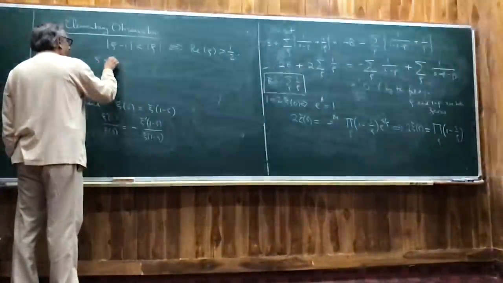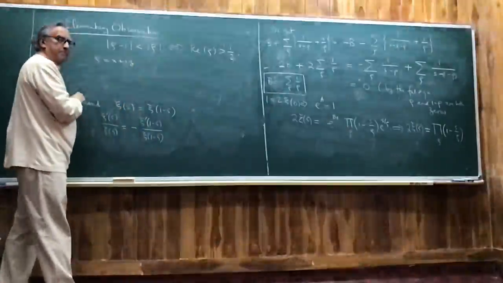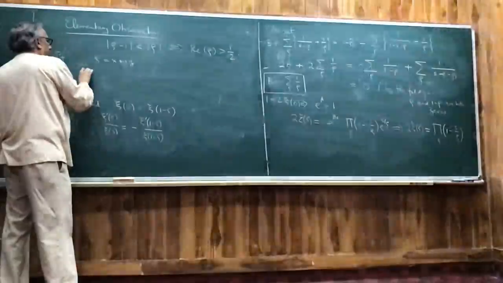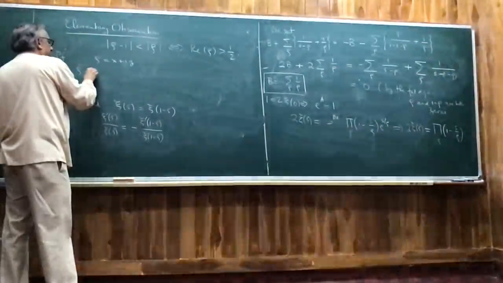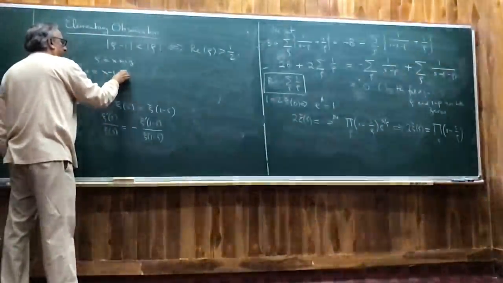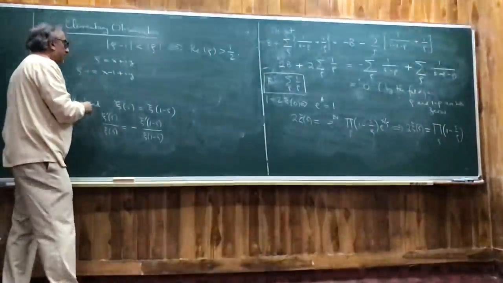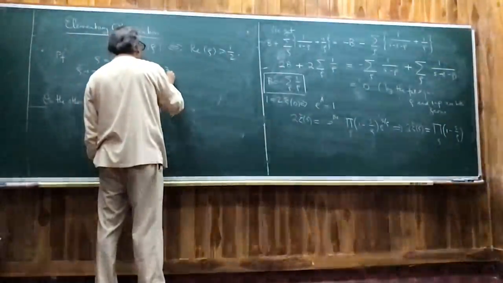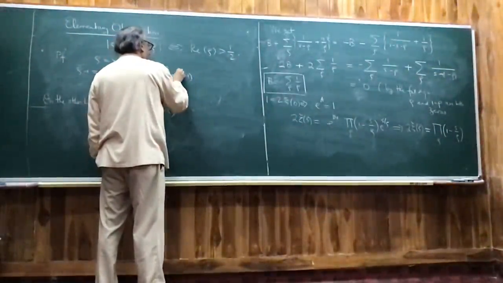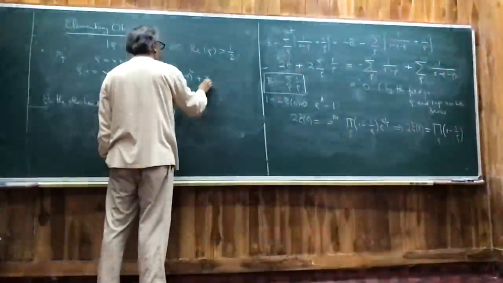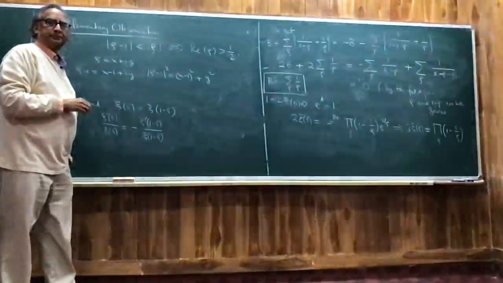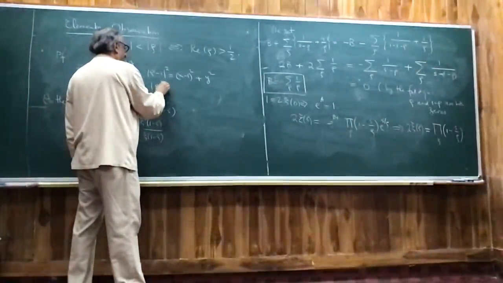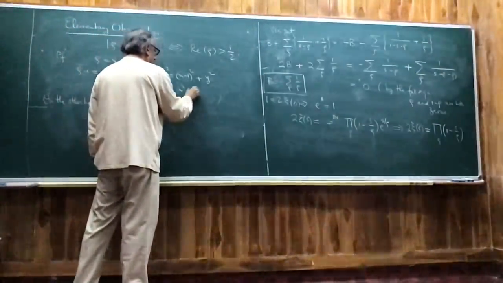Rho, let's write as x plus iy. Then rho minus 1 is x minus 1 plus iy. And rho minus 1 absolute value squared equals x minus 1 squared plus y squared. And absolute value of rho squared is nothing but x squared plus y squared.